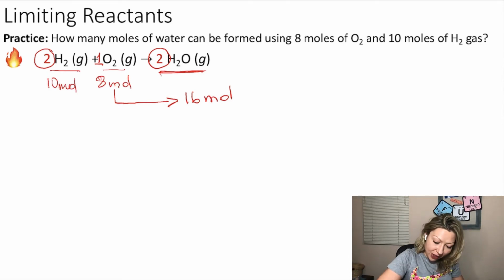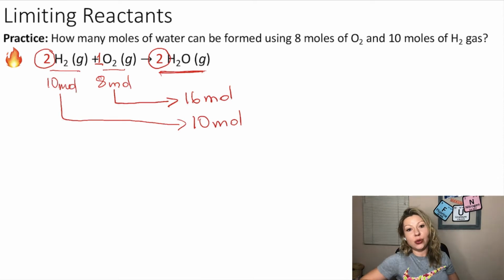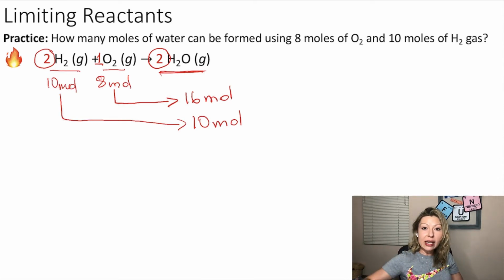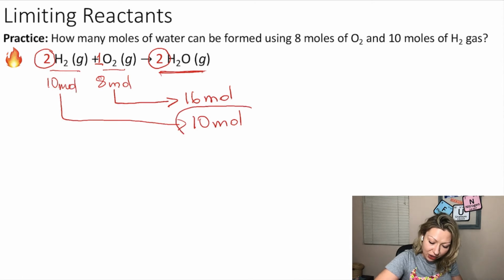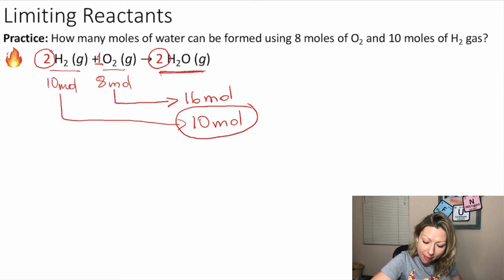So if I have 10 moles of H2, I can prepare 10 moles of H2O. So because I can prepare fewer moles of H2O using hydrogen gas, this is going to be the reactant of which I run out first. So this also means that H2 is going to be called my limiting reactant.